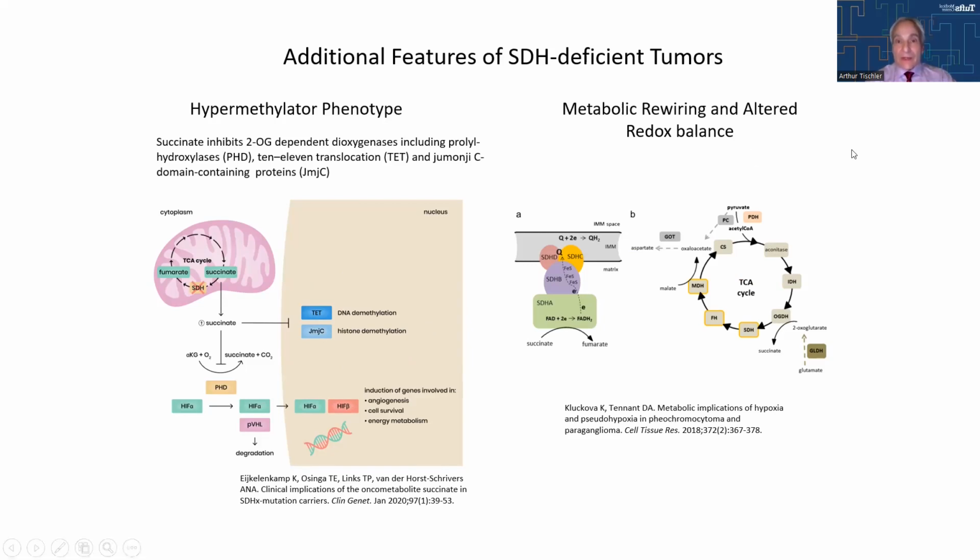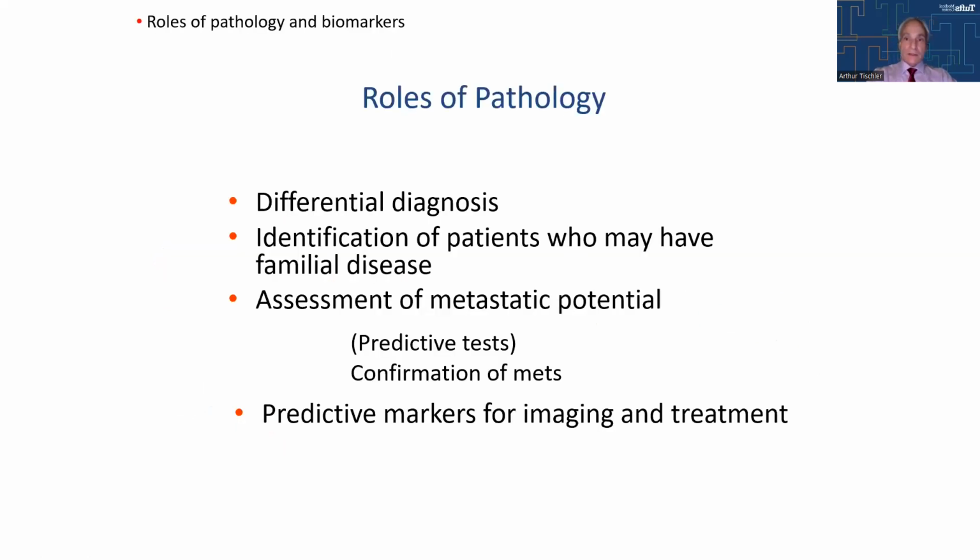In addition, you also have metabolic rewiring resulting from succinate accumulation, causing alternate utilization of biosynthetic pathways, anaplerotic pathways that branch off the Krebs cycle, and perhaps bioenergetic imbalance resulting from the shift to aerobic glycolysis.